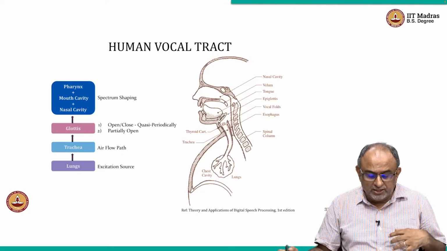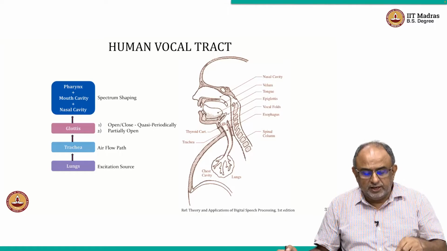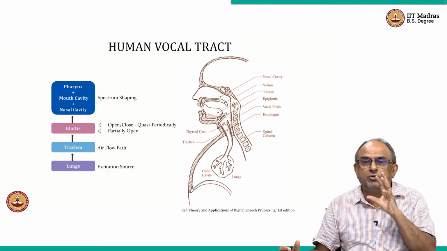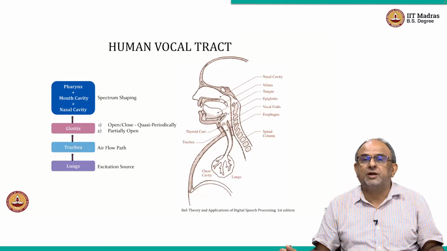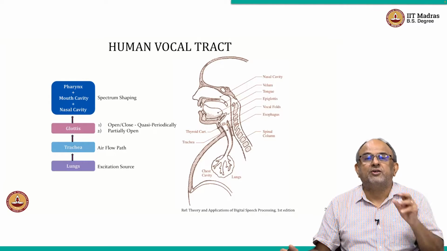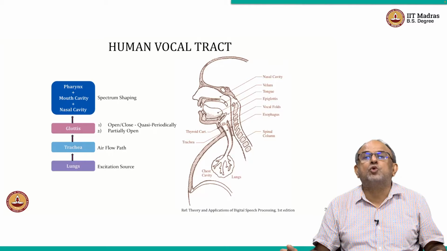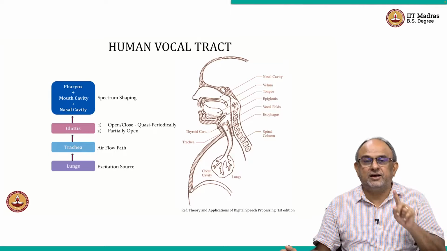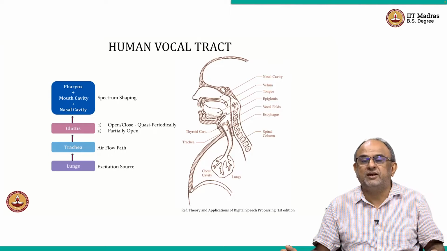The lungs force the air out, the glottis opens and closes, and then we shape the mouth to produce different sounds. For example, when I say ooh, I round my lips and protrude them out. When I say e, my tongue has to go just behind the teeth.